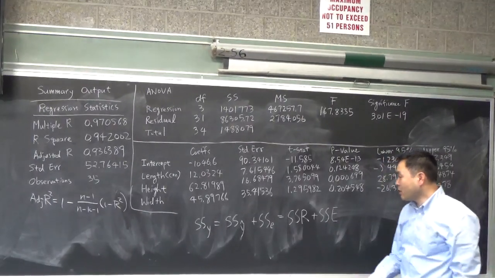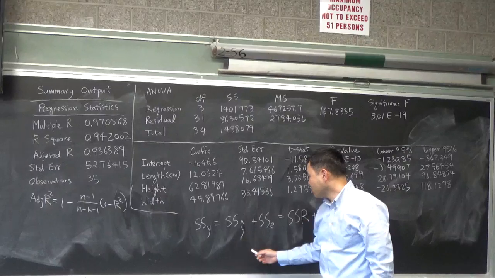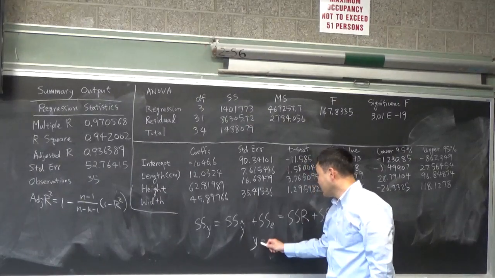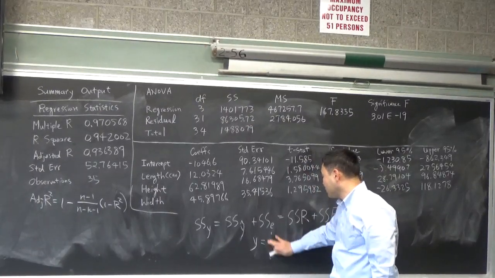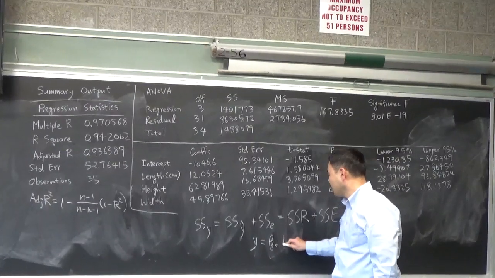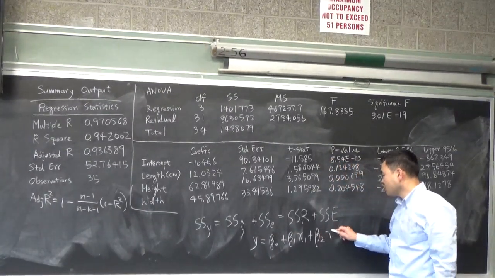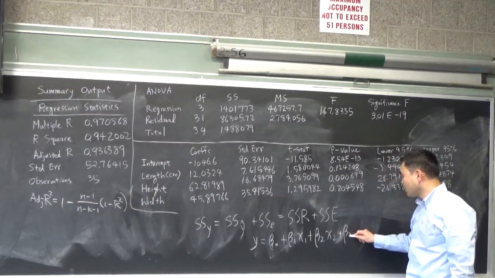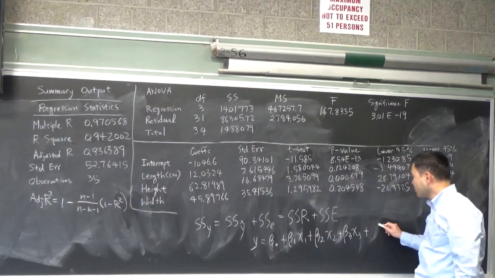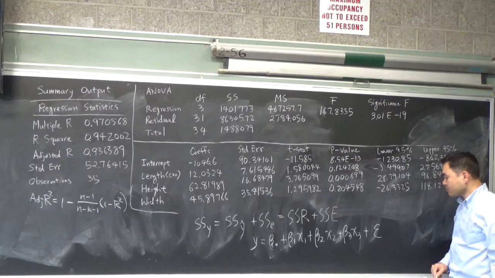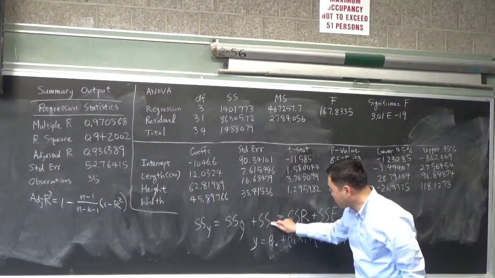But really, when you model y as, say, beta 0 plus beta 1 times x1 plus beta 2 times x2 plus beta 3 times x3 plus some error, maybe I should use epsilon here.